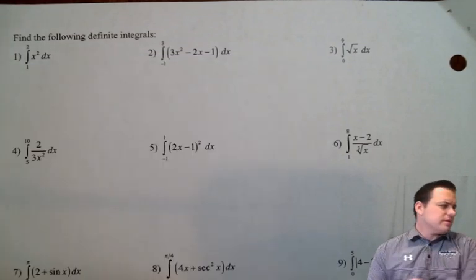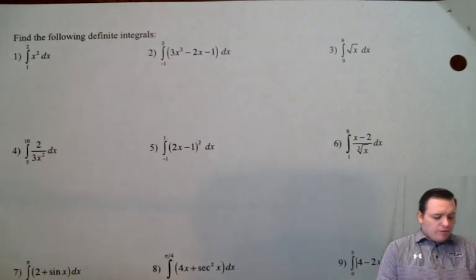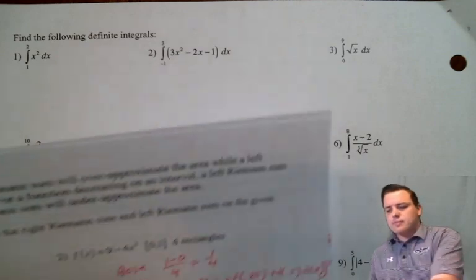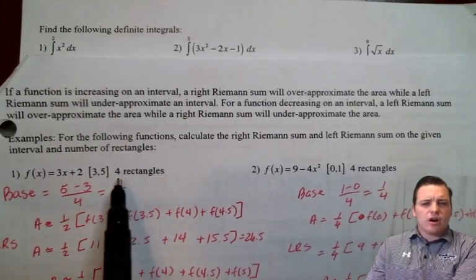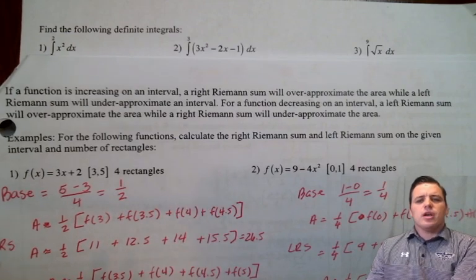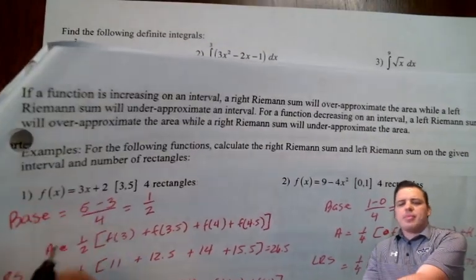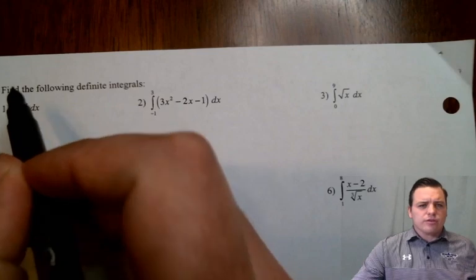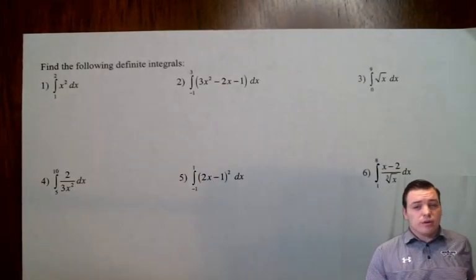Then we moved over to the Riemann sums, and we had a function and an interval, but we did it based on rectangles, trapezoids, left Riemann sum, right Riemann sum, stuff like that. But now, the only thing we have, guys, is the definite integral sign and the function. And here's what it's asking.